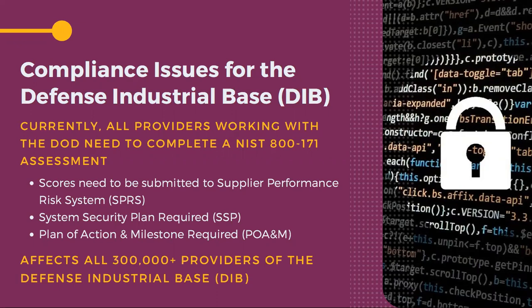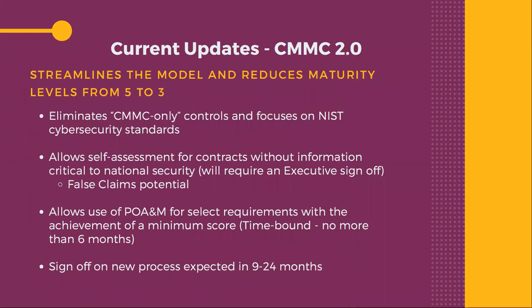All those need to be part of the process today. It has a bit of an impact on those of you determining what level of CUI data you're working with, but it is a requirement for all current agreements. And as I mentioned, there will be incentives for new agreements coming out.